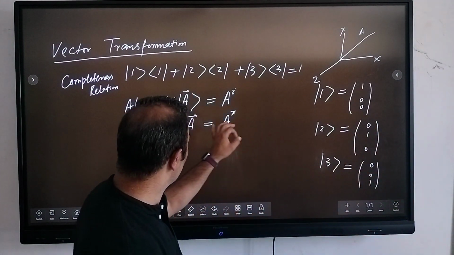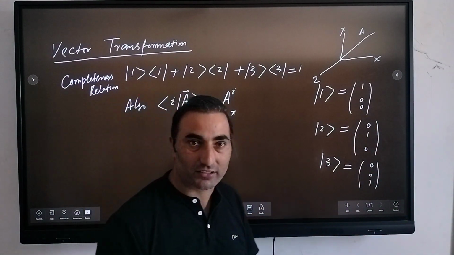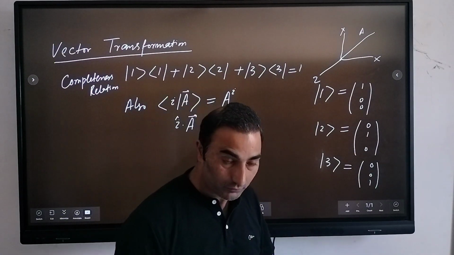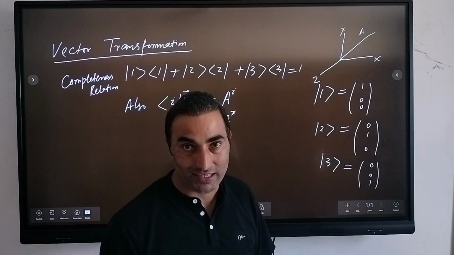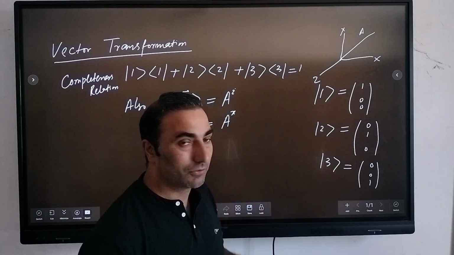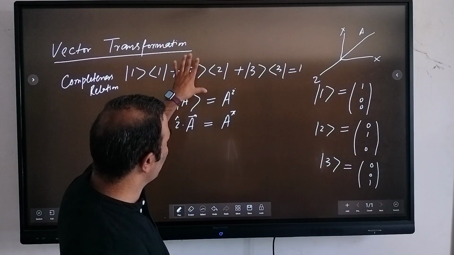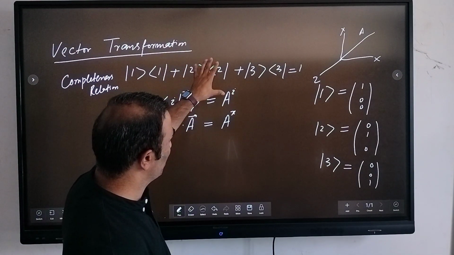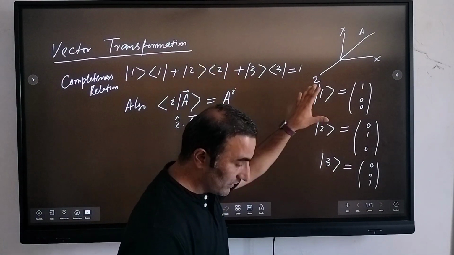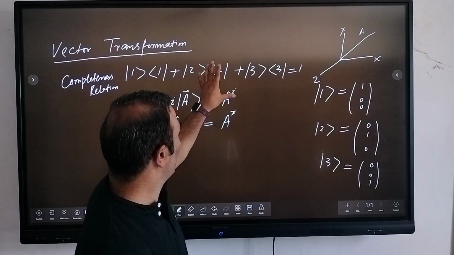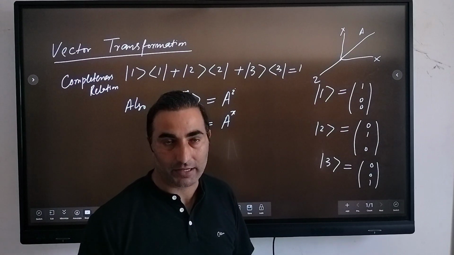When you take i with a, that gives you the x component, ax. Similarly, j dot a gives ay, and similarly for the z component. So first, the basis vectors should obey this completeness relation, right?